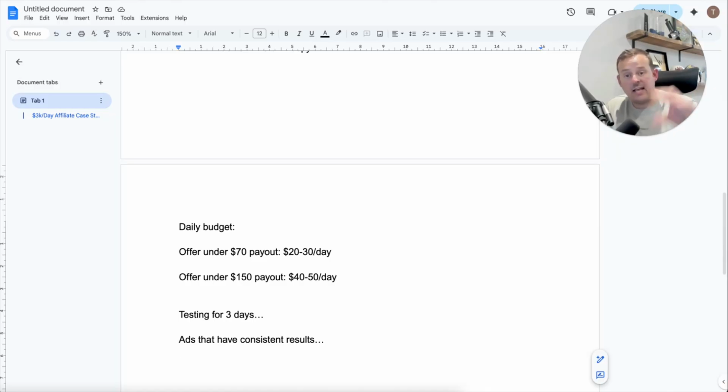Same 10 sales, same amount of spend, but in the other scenario the ad gets 3 sales day 1, 2 sales day 2, 1 sale day 3, whatever it is. I've messed that up, but the idea is the consistency. There's sales every single day, because that's the reason why we have the prove step, because we want to see the consistency at a higher spend.